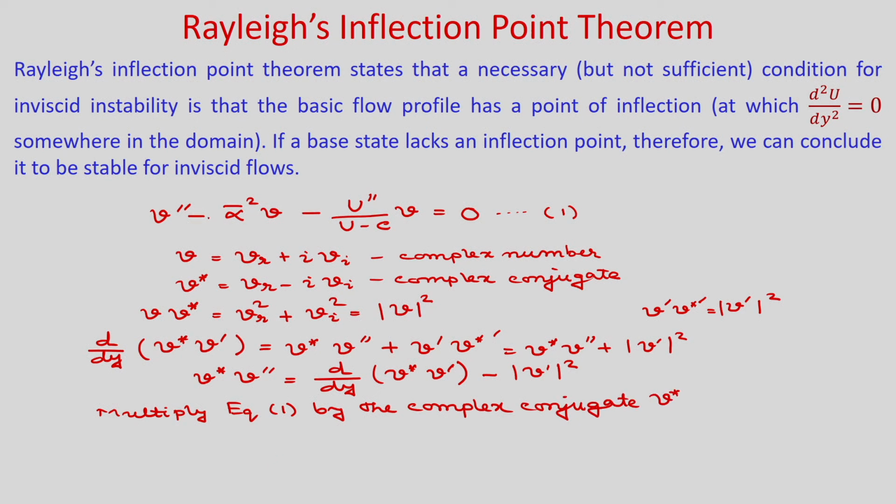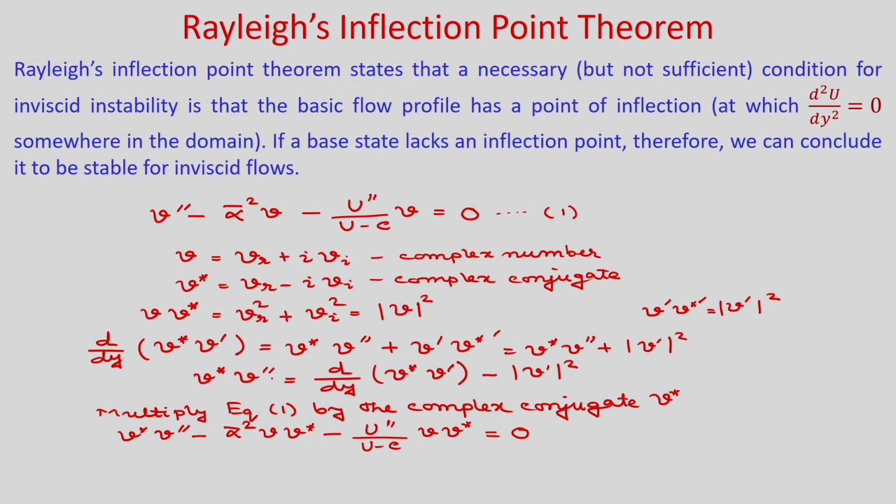If you multiply, you will get v star v double prime minus alpha bar squared v star minus u double prime divided by u minus c v star equal to 0.